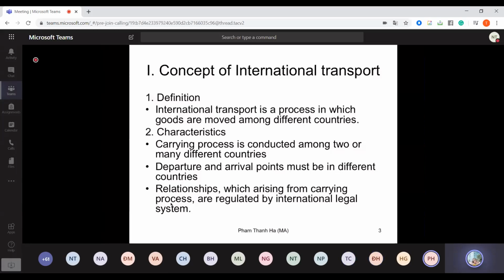UCP 600. UCP. Okay. Anything else? What is UCP? Can you clarify a little bit about the UCP?